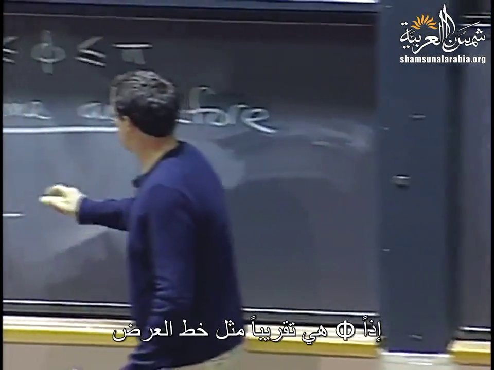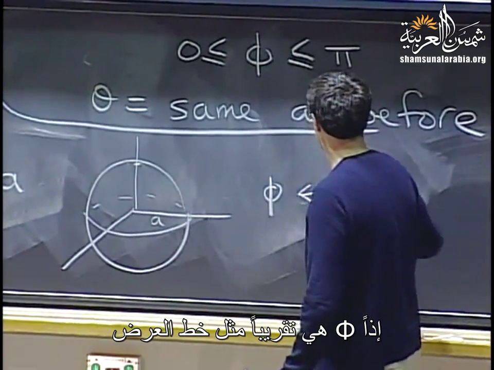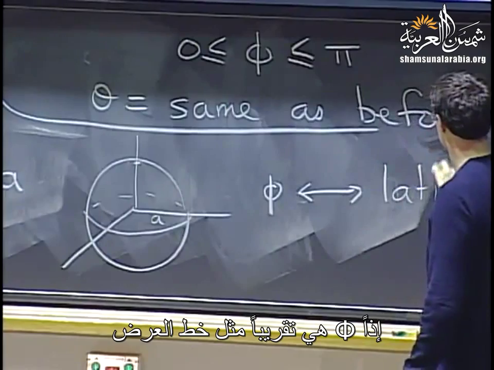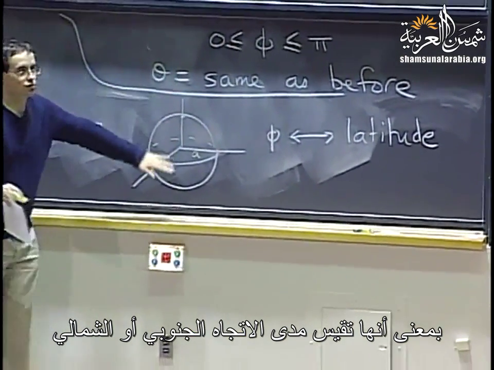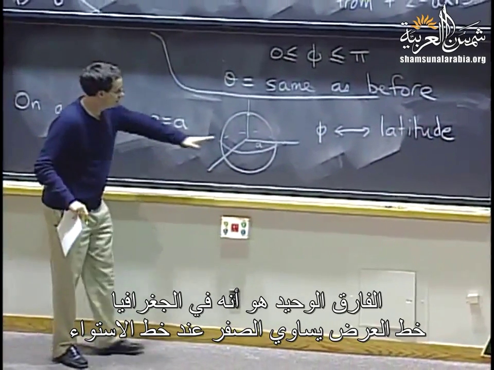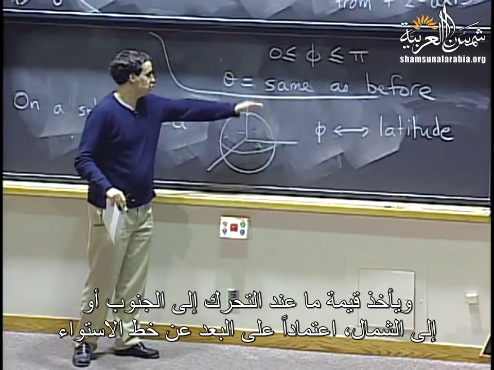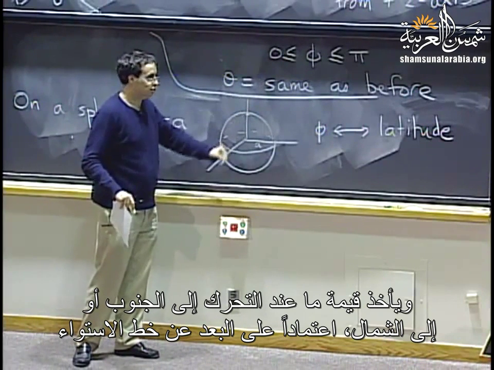Okay, so phi is more or less the same thing as latitude, in the sense that it measures how far north or south you are. The only difference is in geography, latitude is 0 on the equator and becomes something north, something south, depending on how far you go from the equator.